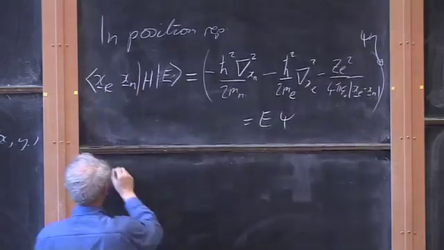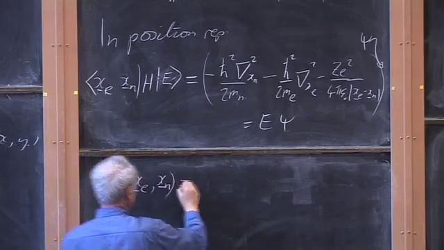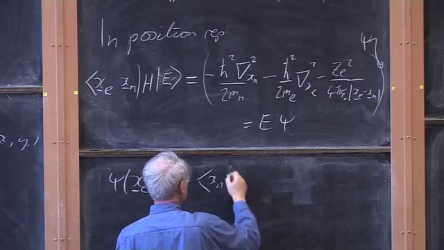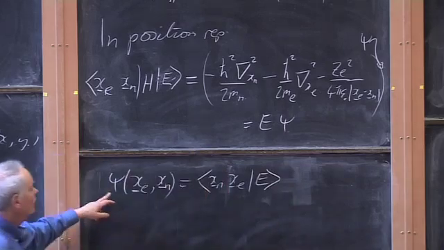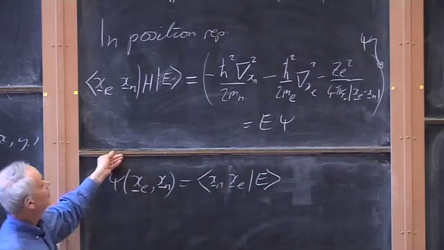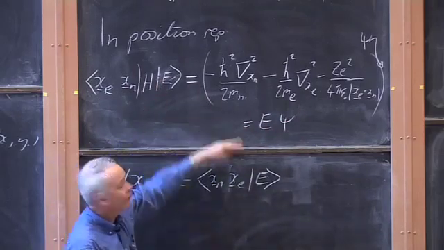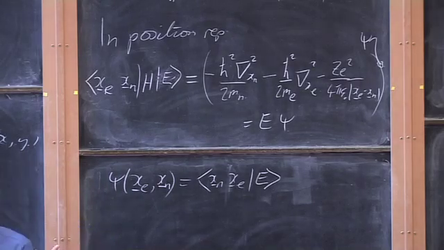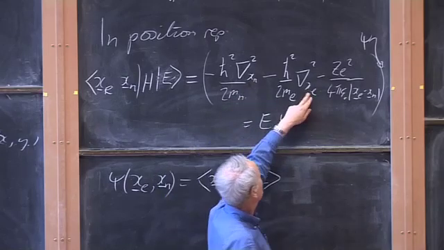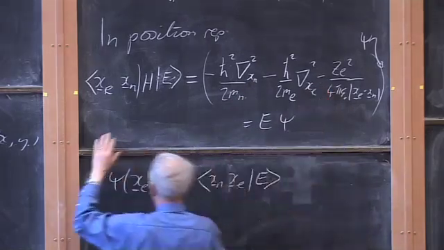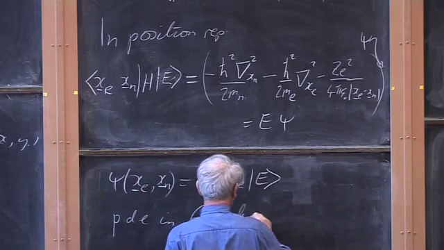So this is the usual stuff: psi, which is a function of x_n and x_e, so a function of 6 variables, is the wave function of the stationary state of energy E. So we've reduced our abstract equation to a very frightening partial differential equation in 6 independent variables, because we've got the 3 components of x_n and the 3 components of x_e.